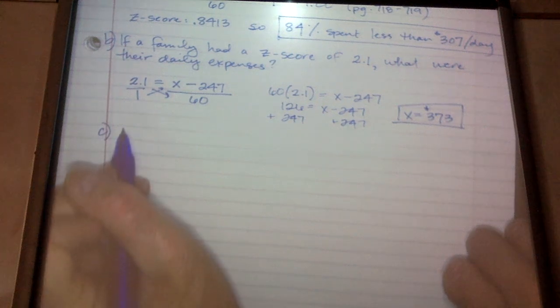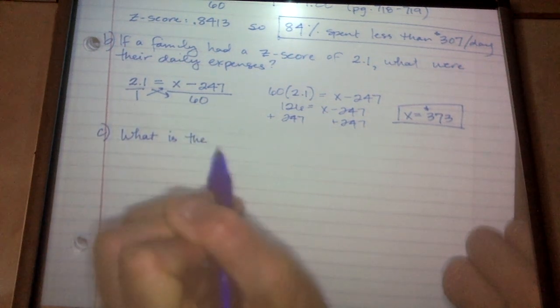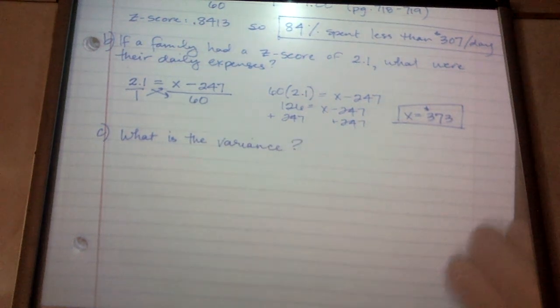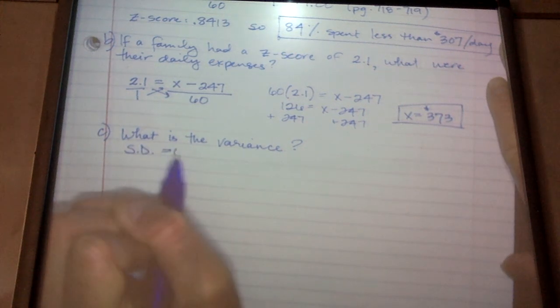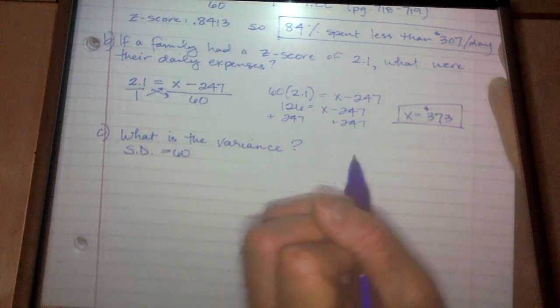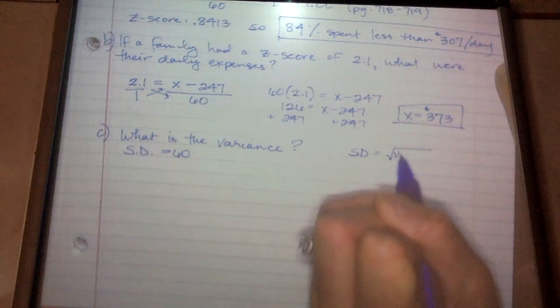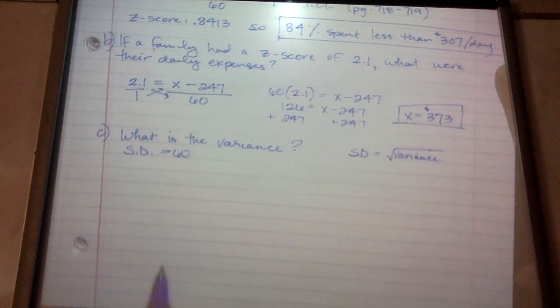All right, so what is the variance for this problem? I know that my standard deviation is 60. So I know that standard deviation equals the square root of variance. I don't know if you remember, I wrote it in the last section how I work backwards.